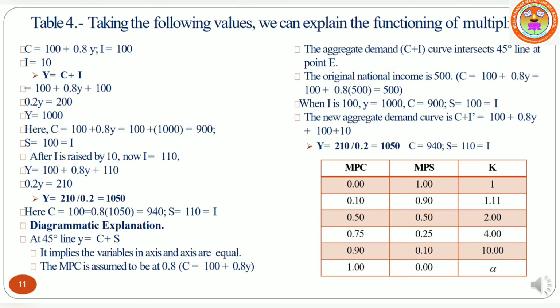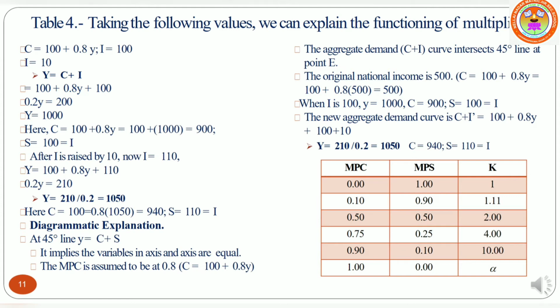The aggregate demand C plus I curve intersects the 45-degree line at point E. The original national income is 500. C equals 100 plus 0.8y equals 100 plus 0.8 into 500, 400. 400 plus 100, 500.